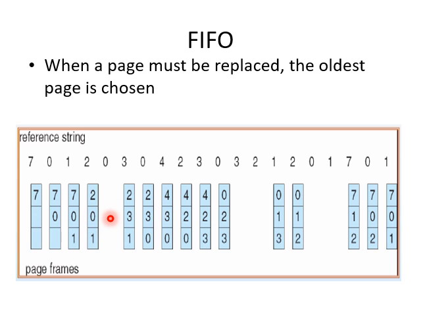Next, we are referring to page number 3, which is not present in the memory. So it will cause a page fault. And now which page will be replaced? After 7, we brought in 0. So 0 will be replaced by 3 and so on.